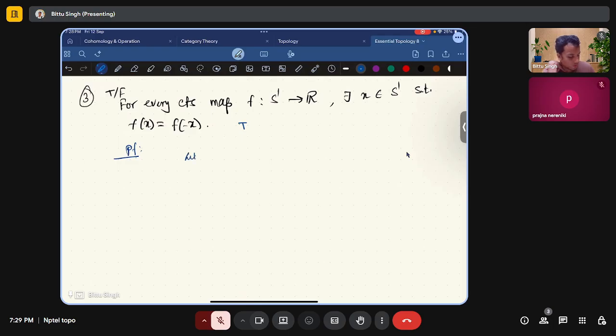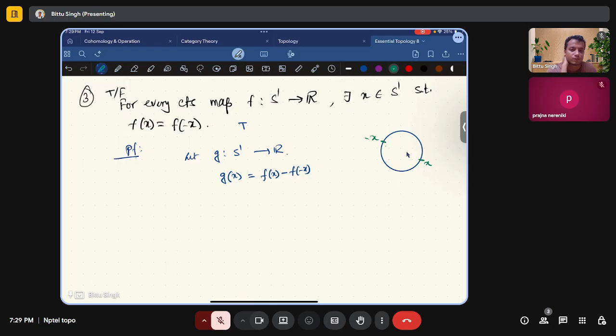So let us consider another function g from S1 to R, and denote g by this: g(x) equals f(x) minus f(-x). So what is -x in S1? If we assume this as x, then -x means the antipodal point.